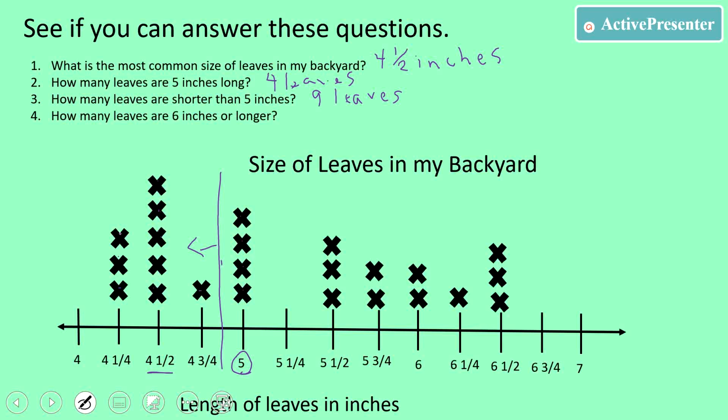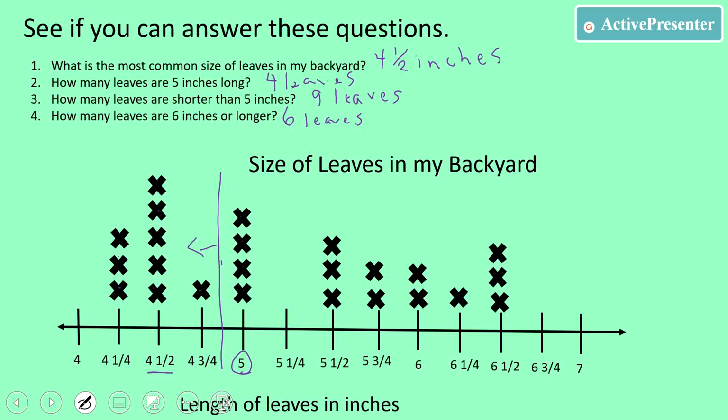How many leaves are 6 inches or longer? So pause and see. If you said that there are 6 leaves, then you're right. And some of you might say, wait, I thought it was only 4.